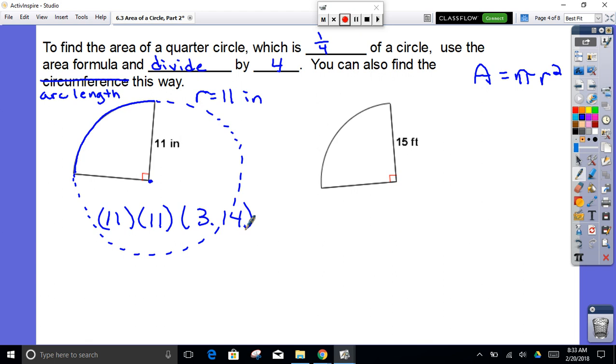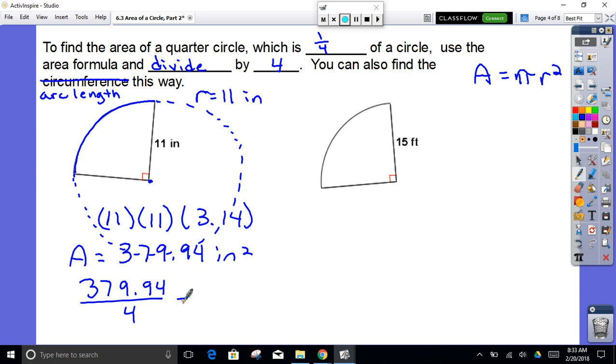Okay, 379.94 square inches. That would be the area of the entire circle. Grace, what do we do to find the area of the piece that we want? Divide your answer by 4. Good. Divide this by 4. So we take 379.94 divided by 4. And what do we get when we do that?